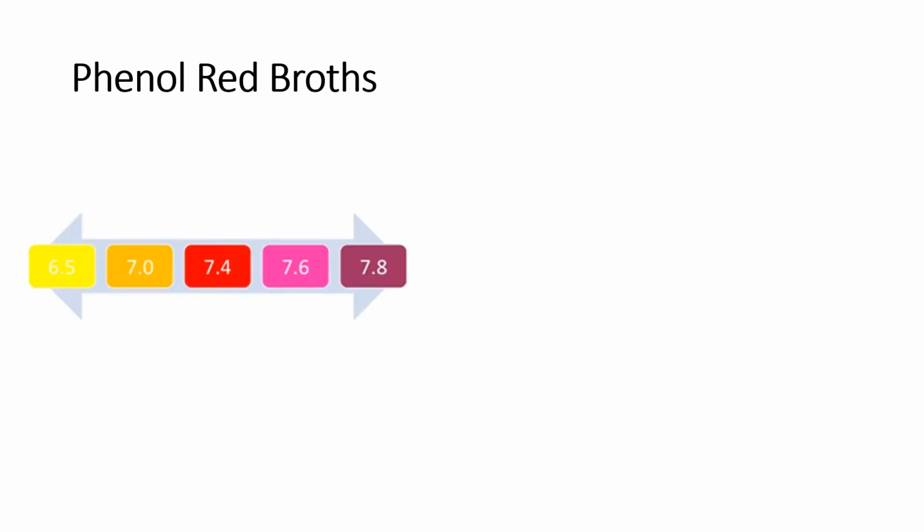The first type of indicator you will use in this lab is Phenol Red. Phenol Red is a pH indicator that is red at a pH of 7.4. As the pH decreases and the solution becomes more acidic, it turns yellow. As the pH increases, the indicator becomes more pink.